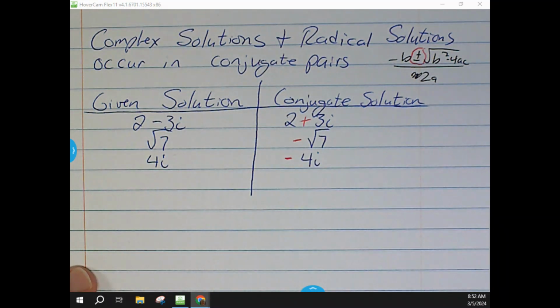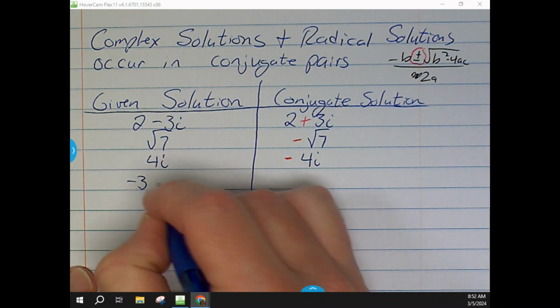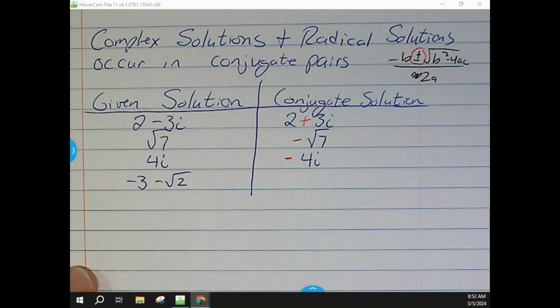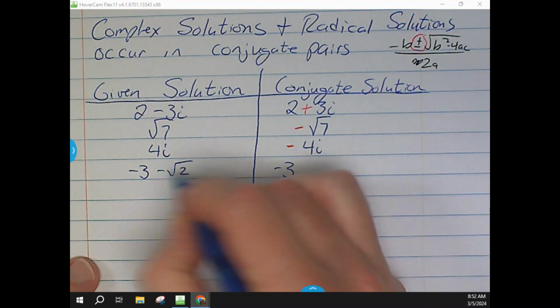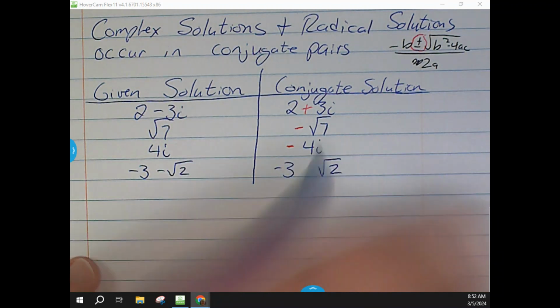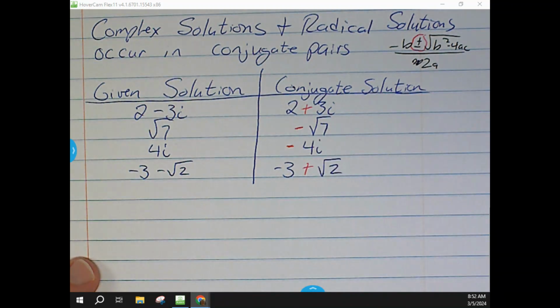And then the one that sometimes throws people off a little bit. If you have negative 3 minus the square root of 2. Because sometimes that first number being negative throws them off a little bit. So like, all right, so what do we change both signs here? For that one, no, you still only change whatever's in front of the radical or whatever's in front of the imaginary number. So this one would be negative 3 and then plus the square root of 2.